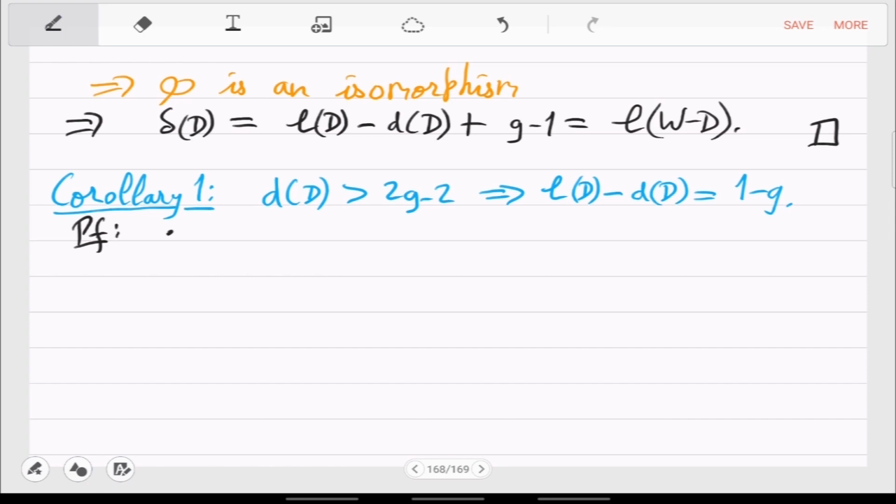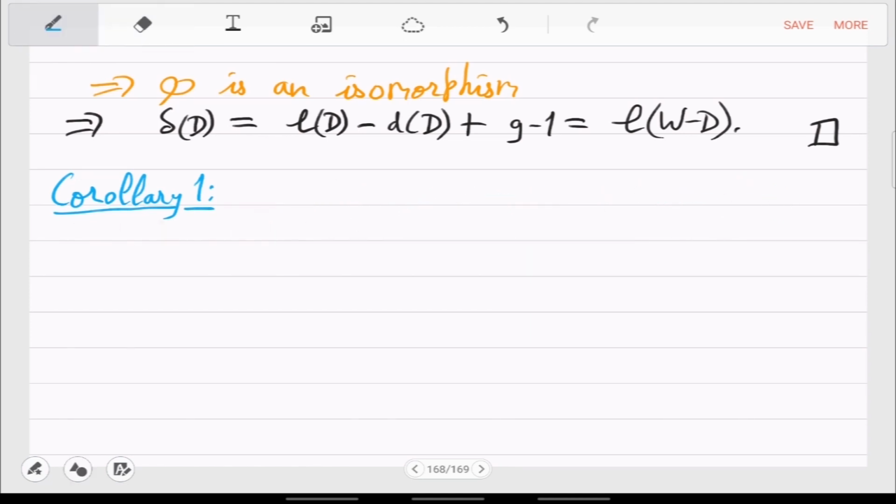So look at L of W minus D. So degree of D is greater than 2g minus 2 is what you are given, and sorry, let's do something simpler first. Understanding the canonical divisor. So L of the canonical divisor is G, and the degree of the canonical divisor is 2g minus 2.